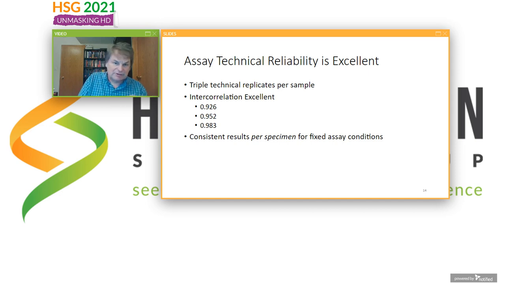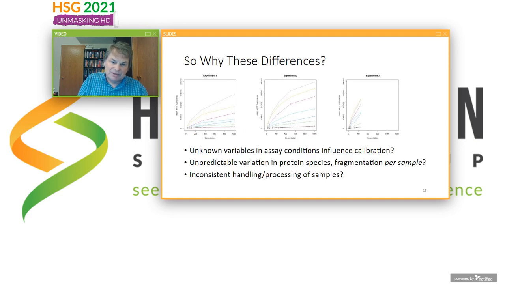They're triple replicates, 3 different aliquots. They get measured separately, but during the same assay. You hope they get pretty much the same answer, and indeed they do in this case. The intercorrelation is excellent for all 3 of these experiments, above 0.9. So we know that there's no issue there, and that's very reassuring. But it's a little difficult to know where to go from there to try to sort out, if we do need to sort out, what else is going on with variability in these assays.